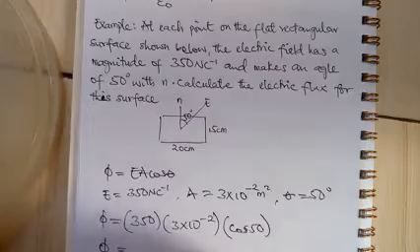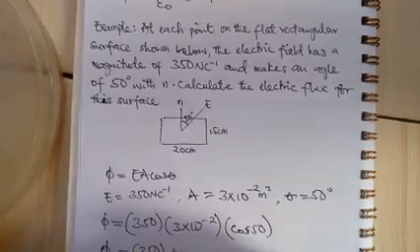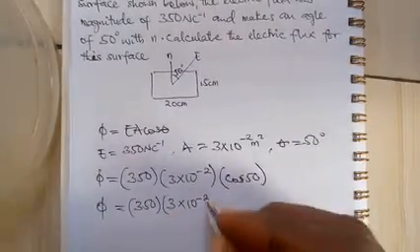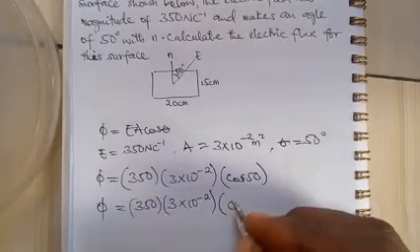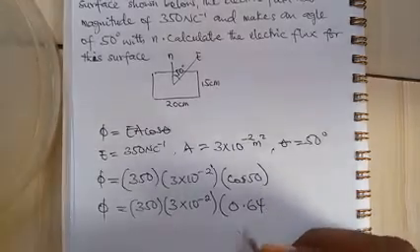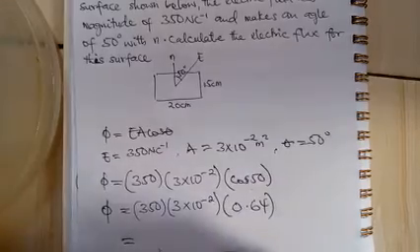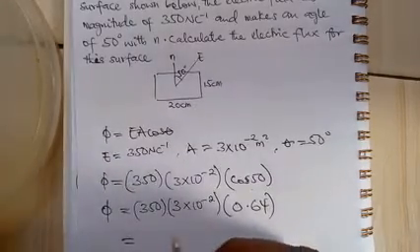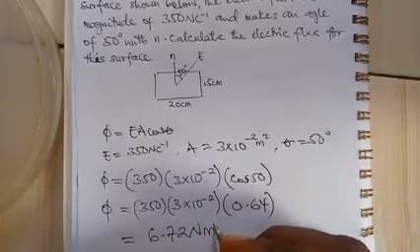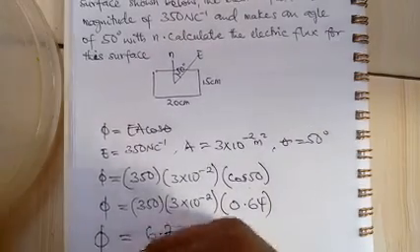Cos 50 is 0.64 thereabouts, if I'm correct. If we multiply throughout, we get 6.72 newton meter squared per coulomb. That is the electric flux.